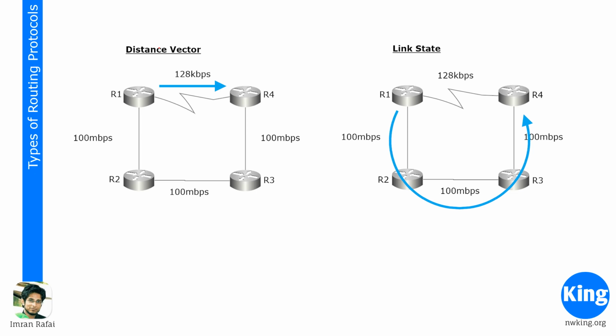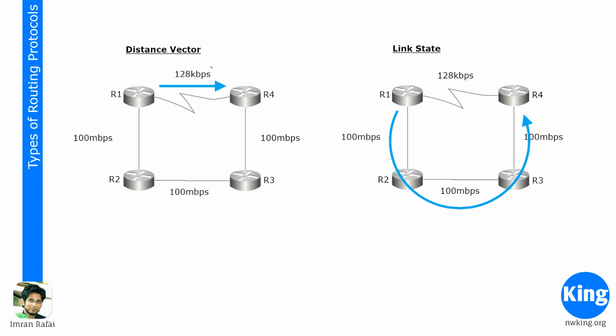It doesn't matter whether that is the slowest connection. In this case, the path between R1 and R4 is a very slow 128 kbps connection, right? Whereas the path through R2, R3 is 100 Mbps, 100 Mbps, 100 Mbps. It's way faster than the 128 kbps.